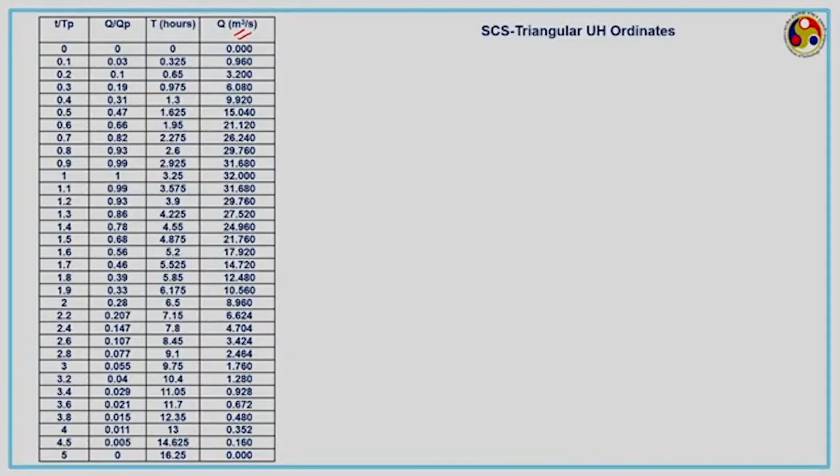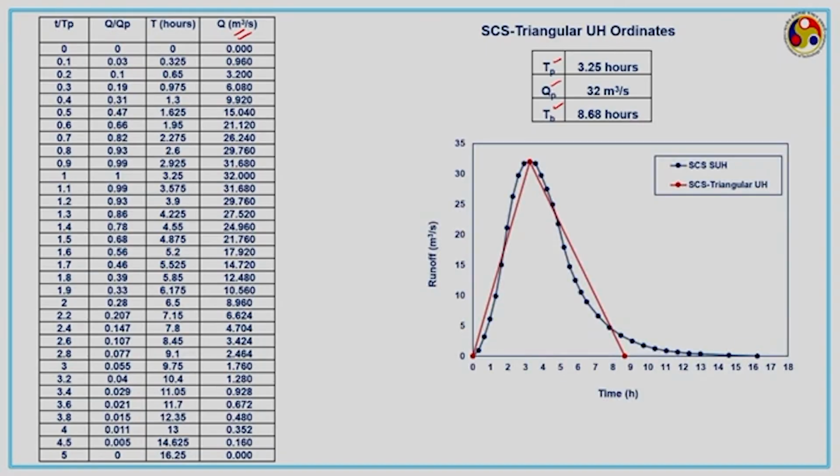SES triangular unit hydrograph ordinates we have already computed, TP, QP and TB. Now, we can plot the synthetic unit hydrograph. So, this is the synthetic unit hydrograph. Red one is representing the SES triangular unit hydrograph and the blue one is representing the SES synthetic unit hydrograph.